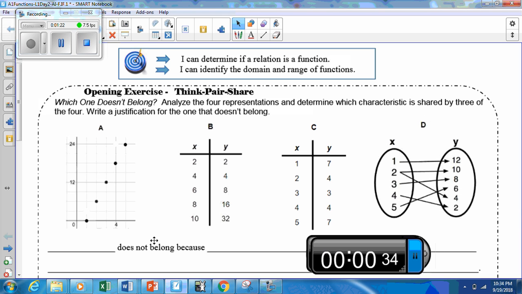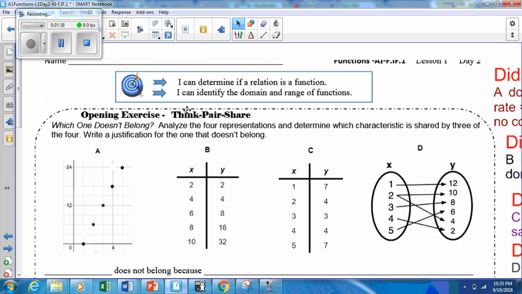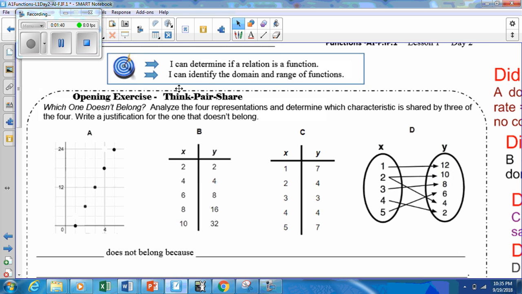Okay, welcome back. How do we do? All right, let's look at this here. What we wanted you to do is analyze this, and I'm interested if you saw some of the different things going on here.